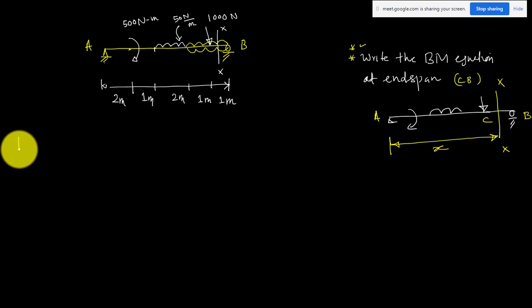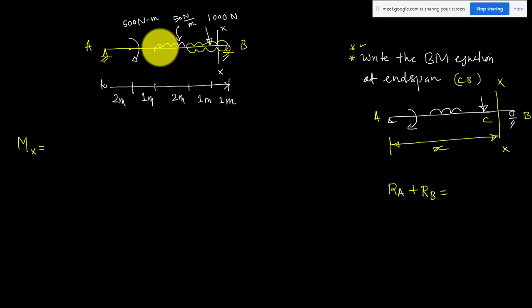So what is the moment equation Mx? To write the moment equation, first I have to solve for the support reactions. First equation, the vertical force equilibrium: Ra plus Rb is equal to 1000 plus 50 into 2.